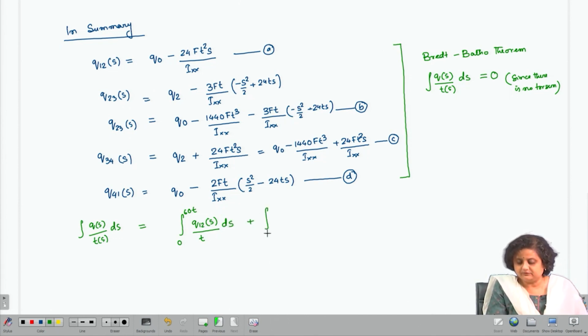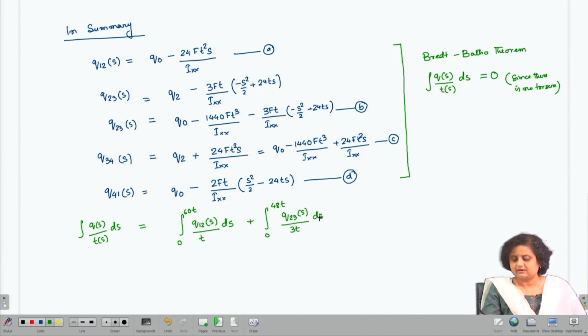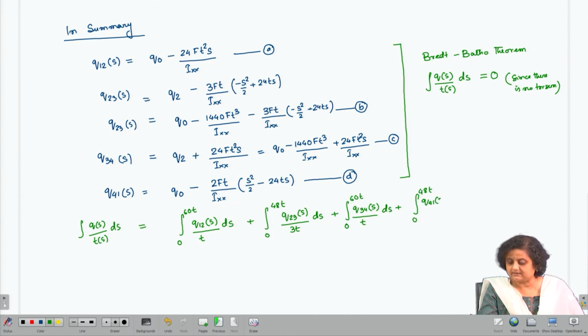Then we will have 0 to 48t Q23S by 3t into ds plus 0 to 60t Q34S by t into ds plus 0 to 48t Q41S by 2t into ds, and that is going to be equal to 0.